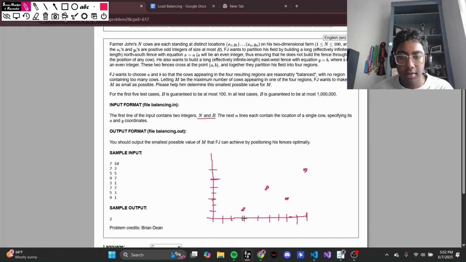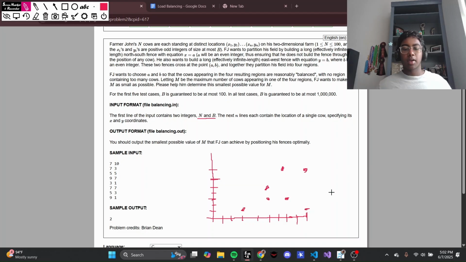Then 7, 7 is right here. Then we have 5, 3, which is right here. And then we have 9, 1, which is right here.